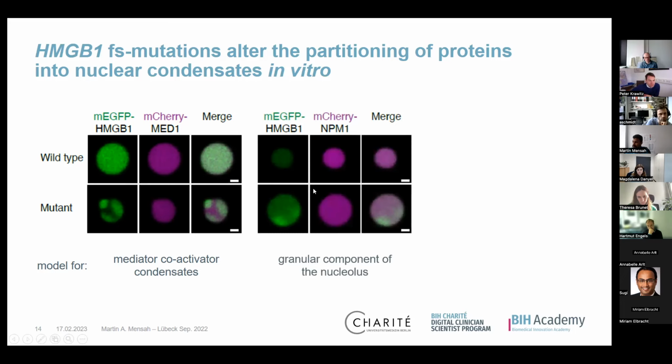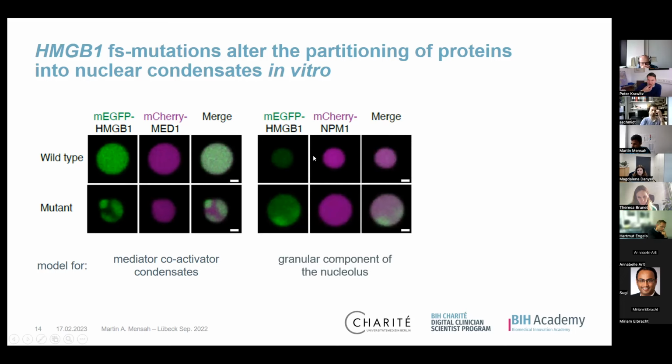And then they used another control, not mediator complex, but NPM1. And NPM1 is a protein that's present in the granular component of the nucleolus. I will have a slide that explains what that is, but now just think of it as a marker for the nucleolus.